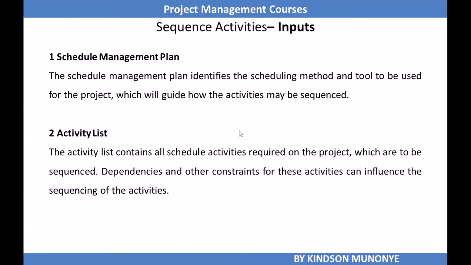Activity list, for sure you have to sequence something. What are you going to sequence? The activities. The activity list provides a list of activities. All scheduled activities required are provided by the activity list, which have to be sequenced. So dependencies and other constraints for these activities can influence sequencing.